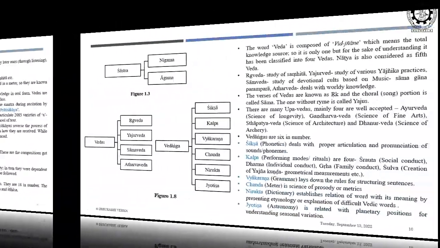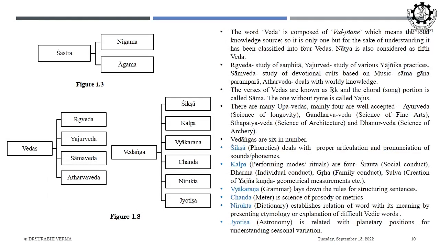Moving ahead, the Shastra can also be classified as Agam and Nigam. This figure 1.3 shows the classification of the Shastra, which has 2 categories, Nigam and Agam.